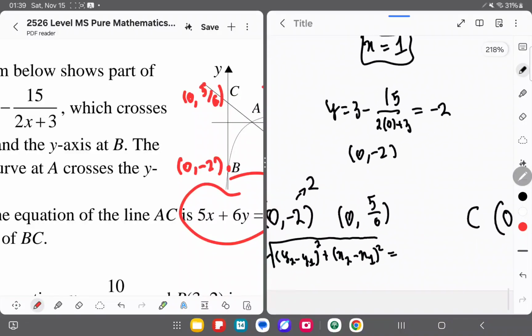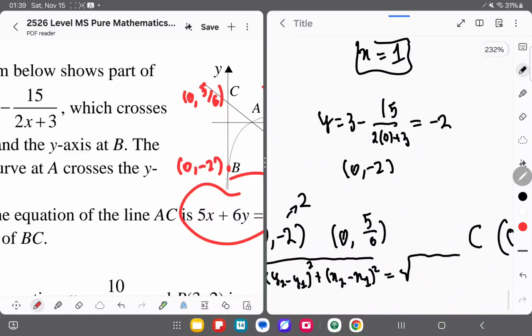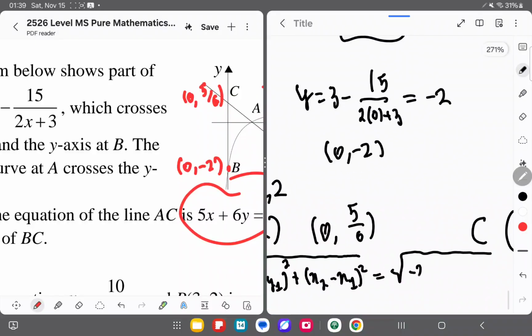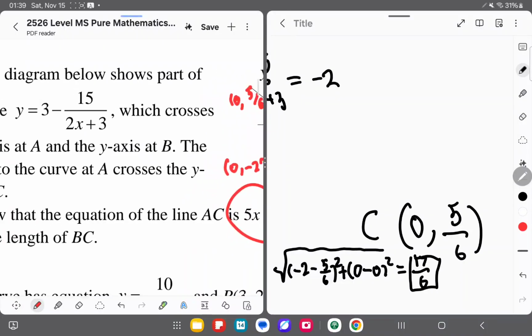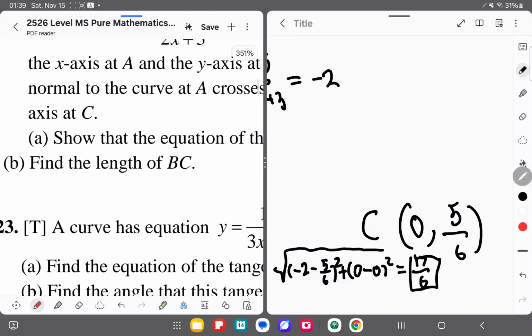If we want to show it here, we can do -2 minus 5 over 6 squared plus 0 minus 0 squared. This will be equal to 17 over 6. This is the distance. And if you want to be more specific in your answer, and it's always safer to do so, say 17 over 6 units.